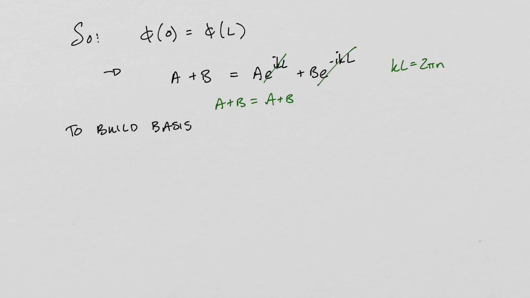Okay, and so to build the bases here, we're going to take a and b and split them up into the solution where a equals b and the solution where a equals minus b. Our functions are a e to the i 2 pi over L n x plus b e to the minus i 2 pi over L n x.